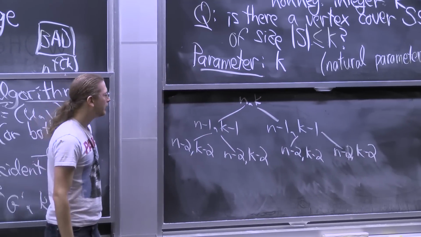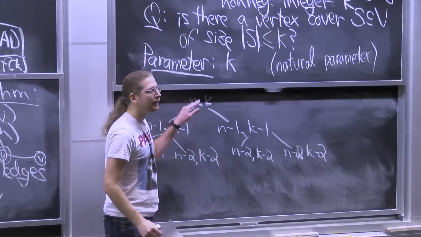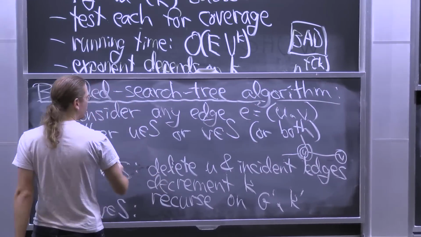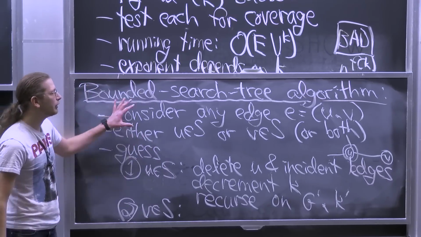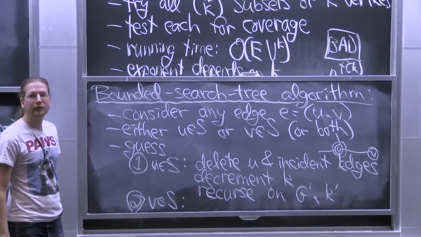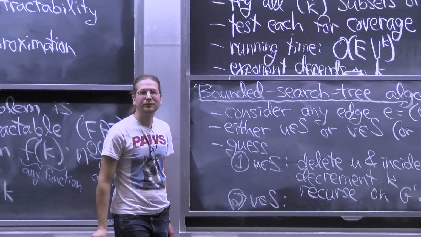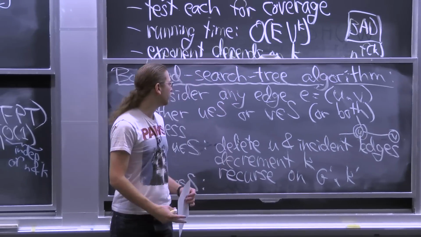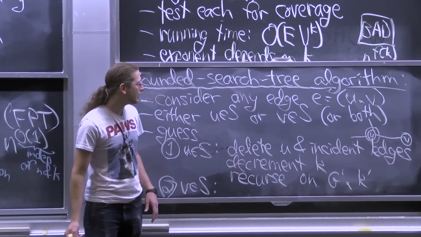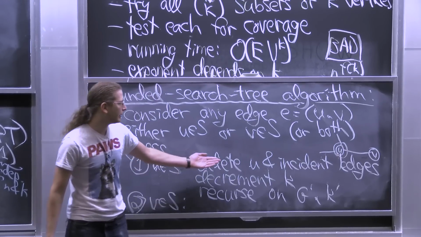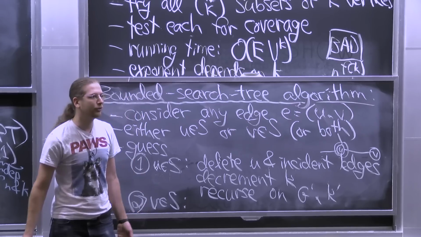How much time do I spend in each of these nodes? How much non-recursive work am I doing in this algorithm? Yeah? O of E, right? O of E, certainly at most order E, probably also at most order V, because there's at most V incident edges to each vertex.